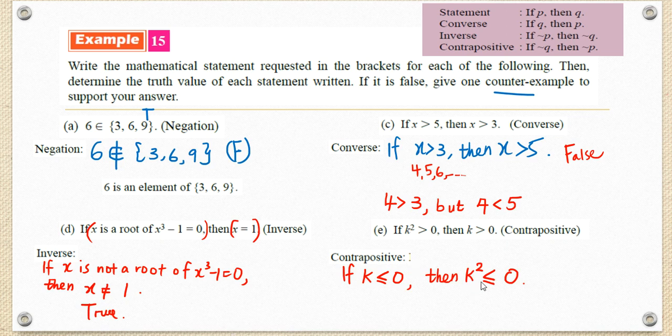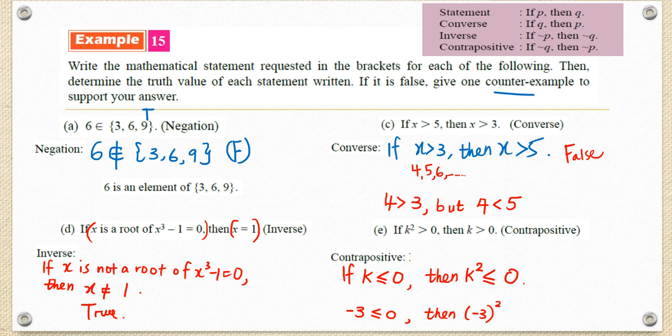Okay, so we see whether this is correct or not. If k is less than or equal to 0, let's say we choose negative 3. If negative 3 is less than or equal to 0, right, then you put negative 3 and square it.